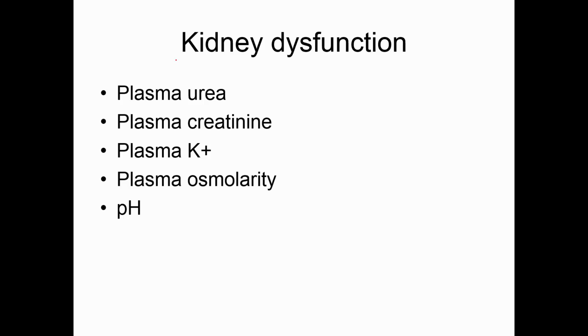What have we learned about clearance? That clearance is the milliliters per minute of plasma that is cleared of a particular substance. So if you have a particular drug and it has a lower clearance, that means it's going to be around longer. And that's something you take into consideration.